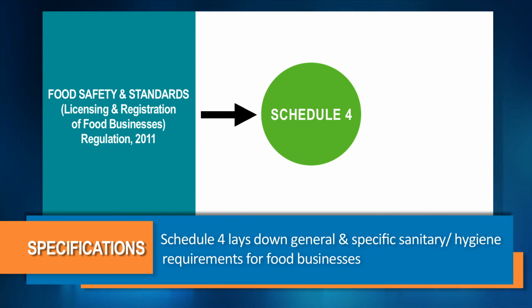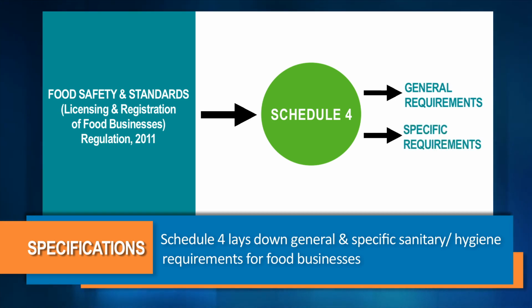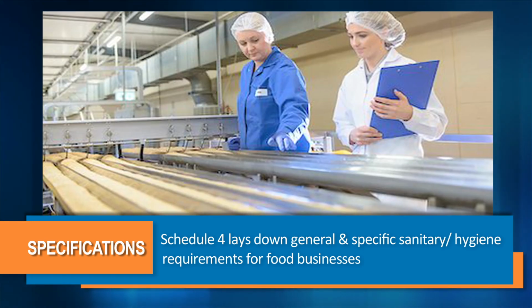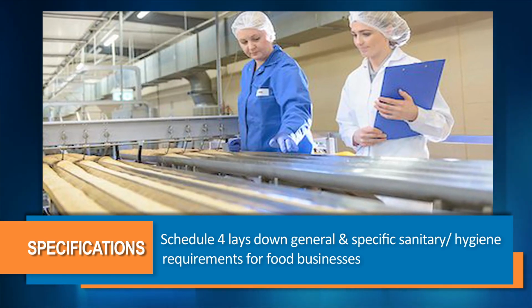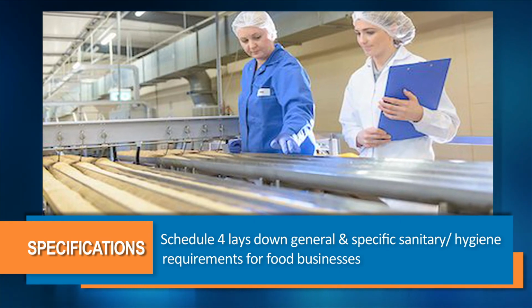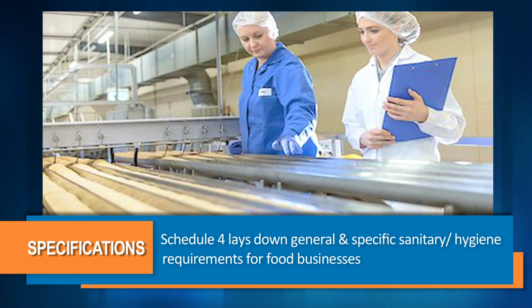As also learnt earlier, Schedule 4 lays down general and specific sanitary and hygiene requirements for food businesses to ensure that the food does not cause adverse health effects on human consumption.